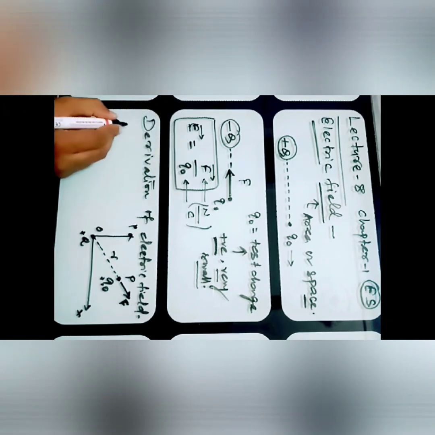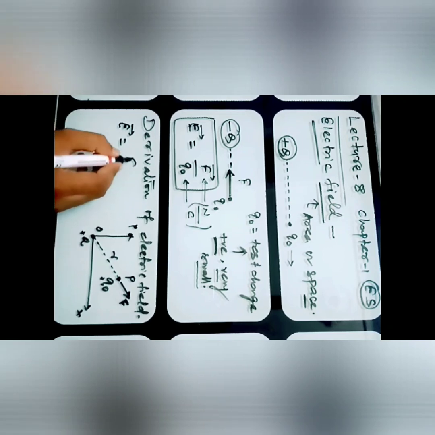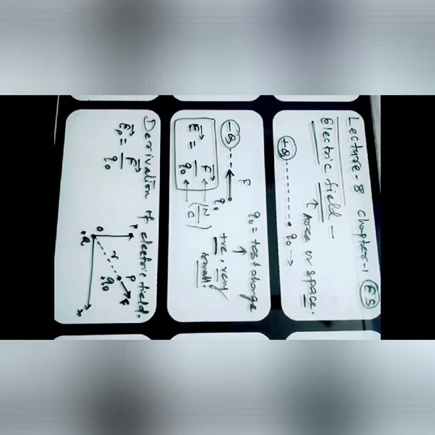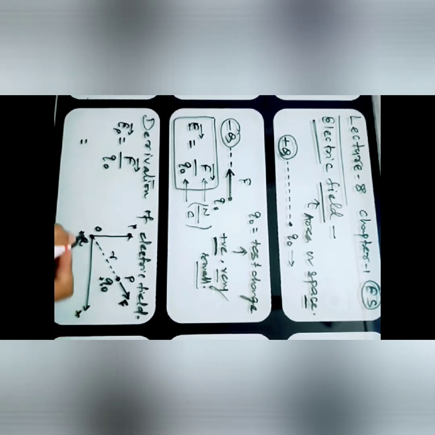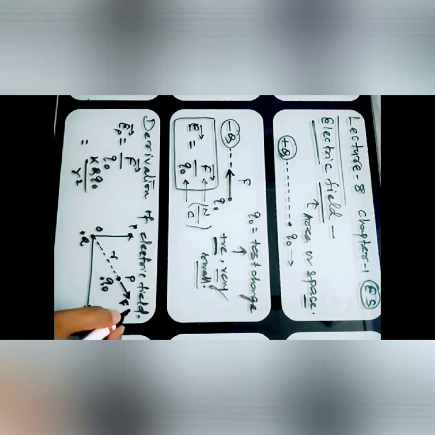So according to the definition, students, we can write that the electric field is nothing but the force between these two charges per unit test charge, because we have to find the electric field at point P. Now the force between these two charges, using Coulomb's law, we can write as kQ1Q2 over r square, and the direction of force is r cap along the vector r.